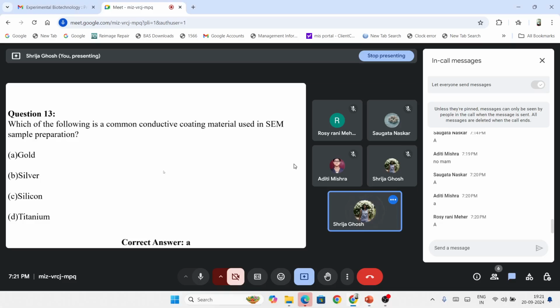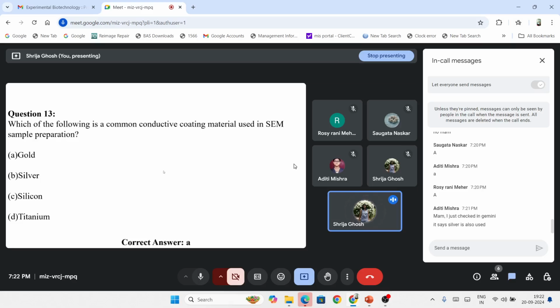Okay, so all of you answered option A, gold, so you were correct. Even carbon coating is also done in some cases. So you can use other materials also, but gold coating is the most common coating technique that is used, and it is actually most effective. If you remember the reactivity series, silver, gold, platinum, all these metals come at the very end of the reactivity series.